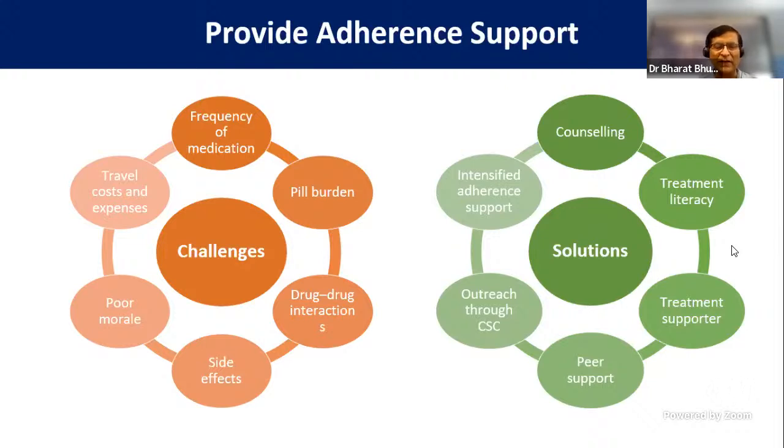So you have to devise a protocol for the individual patient that addresses their own lifestyle and challenges. And of course, we know that the solution lies in treatment literacy, outreach through community care centers, peer support, and intensified adherence support.